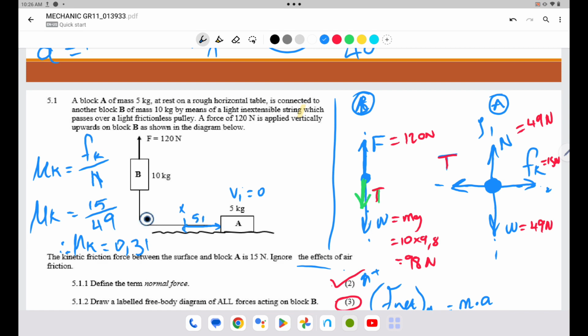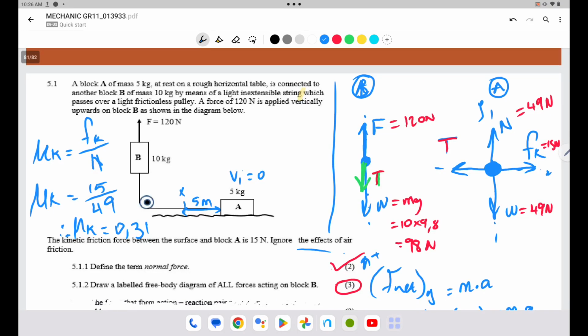Calculate the velocity of block A at point X after traveling 5 meters. Okay, so if I want the velocity of block A, this is a velocity at a later stage. So I'm going to call this final velocity. So I'm asking us to calculate the final velocity.